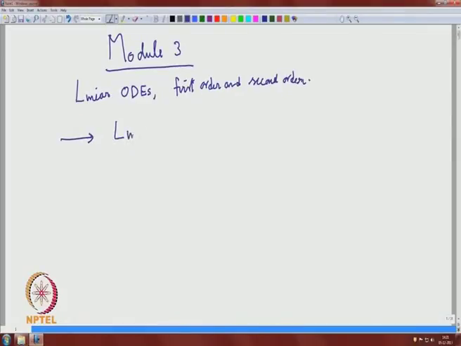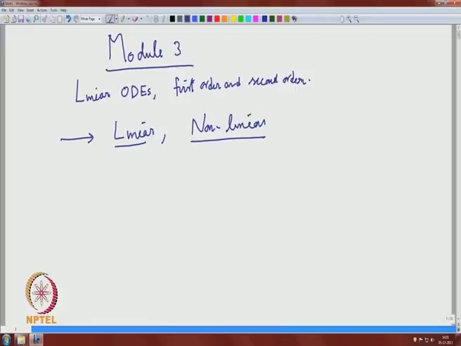We already classified differential equations by order: first order, second order, third order, etc. Another classification is linear and non-linear. You are already quite familiar with what is linear and non-linear, but we will specify more about it.